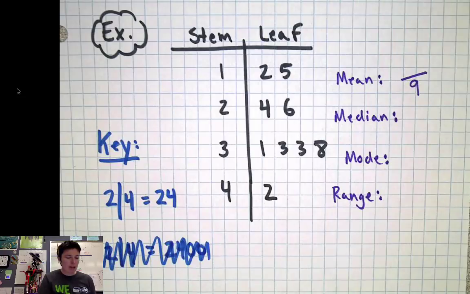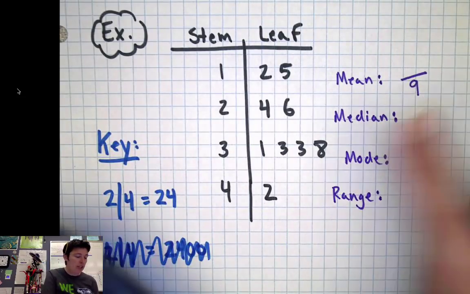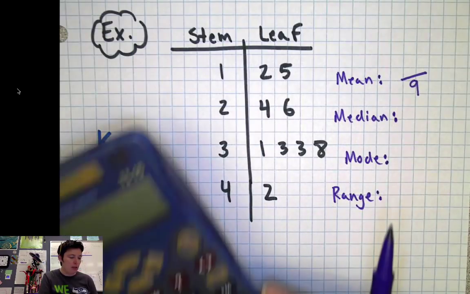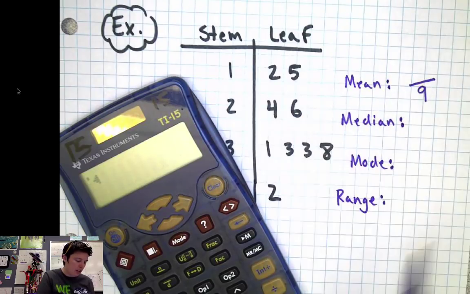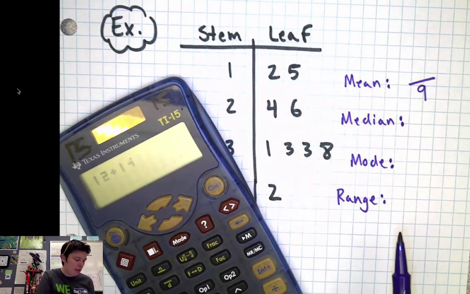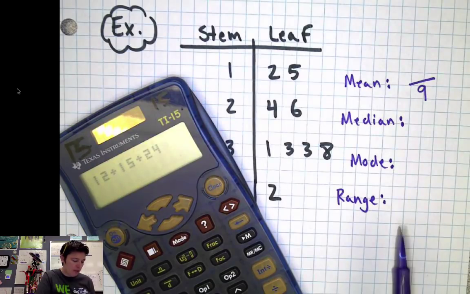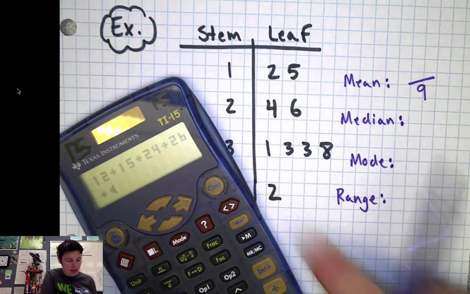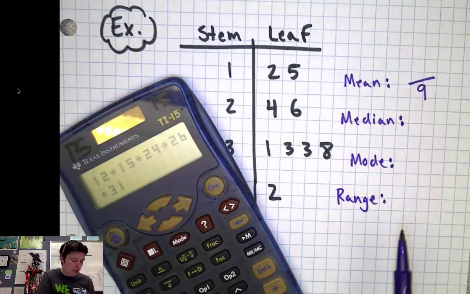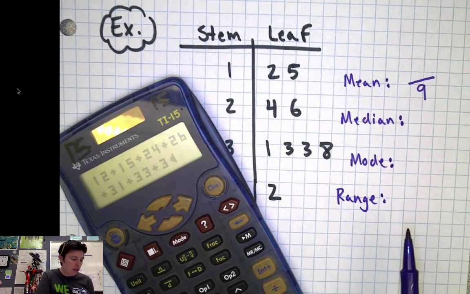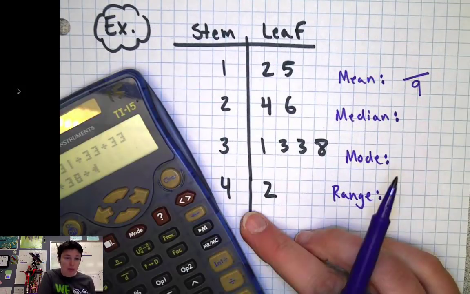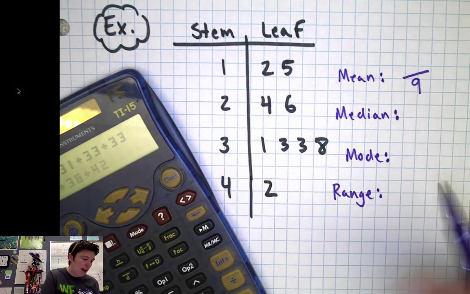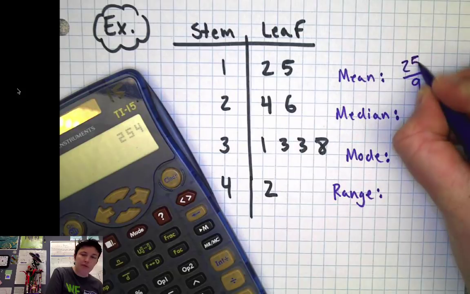Okay, so going back to what we need to do here, there are 9 data points. We're going to divide by 9. We need to add up all of these values. So I'm going to quickly add up 12, 15, 24, 26. Let's see, 12 plus 15 plus 24 plus 26 plus, this would be 31 plus 33 plus another 33 plus a 38 plus this last value, which is 42, adds up to a grand total of 254.